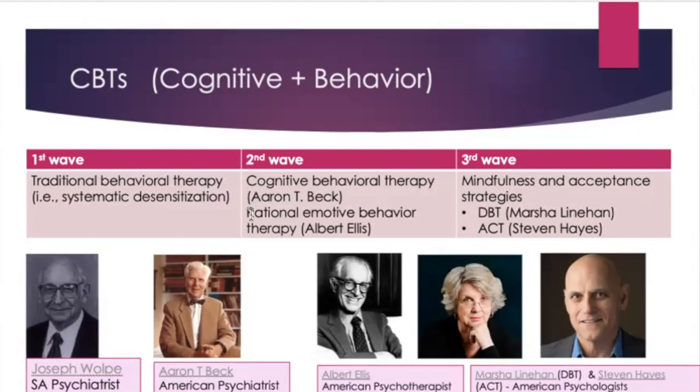But during the same time, there was another individual who was working on the same thing simultaneously, and that was Albert Ellis. Albert Ellis was a psychologist. He considered himself a psychotherapist, and he was not a medical doctor. He developed something called rational emotive behavior therapy. So both CBT and REBT believe psychological problems to be linear.